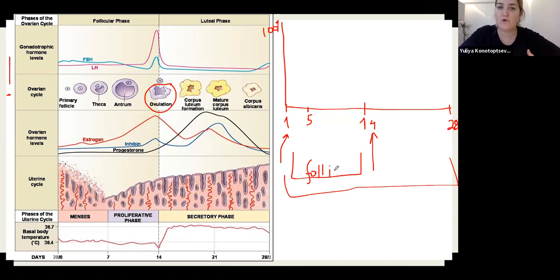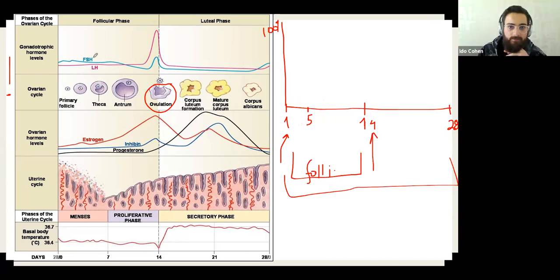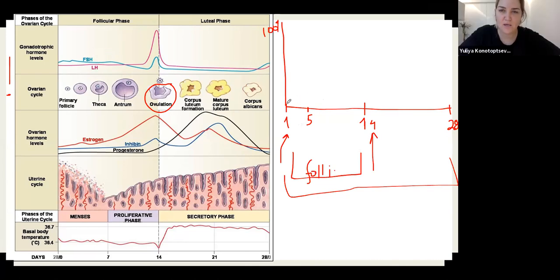Which hormone should be the highest in the follicular phase, FSH or LH? FSH, of course. In this graph, it's shown very weirdly. FSH keeps on rising, and at a certain time it reaches its highest concentration.